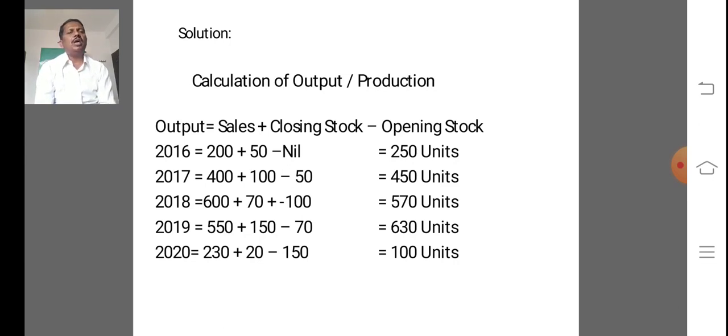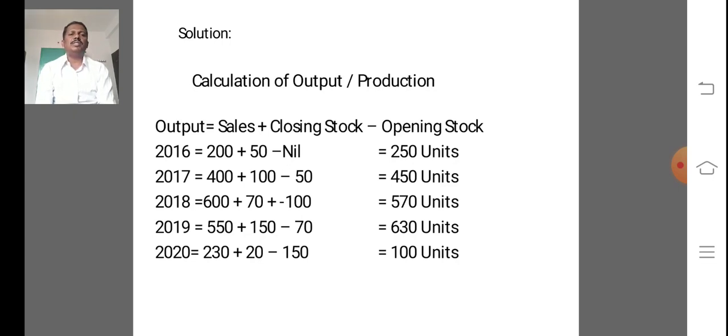By using the following formula, we can calculate output or production. What is the formula? Output is equal to sales plus closing stock minus opening stock.